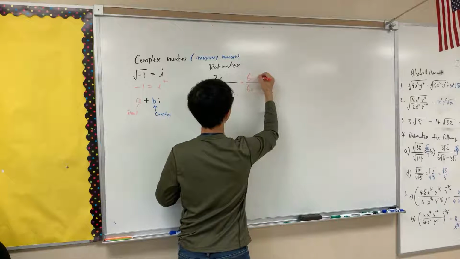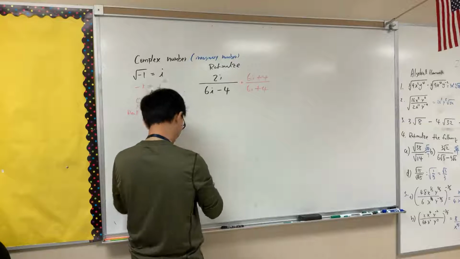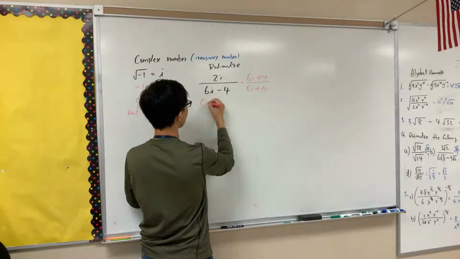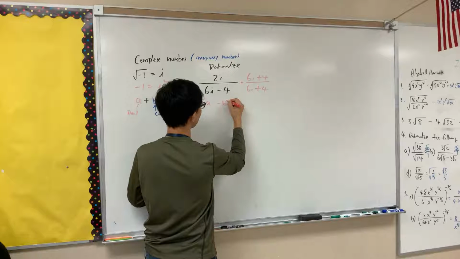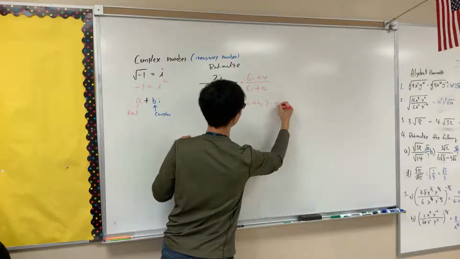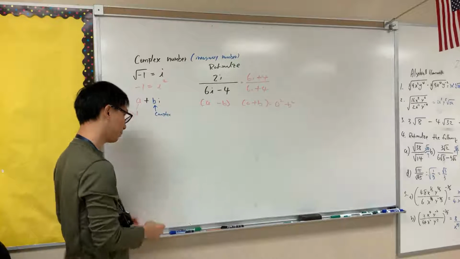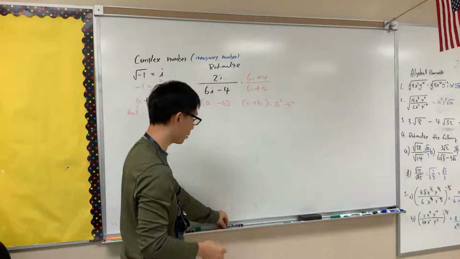And that's going to form a difference of squares, so a minus b times a plus b. We know if I FOIL that, I'm going to get a squared minus b squared. That's going to make your life a whole lot easier.